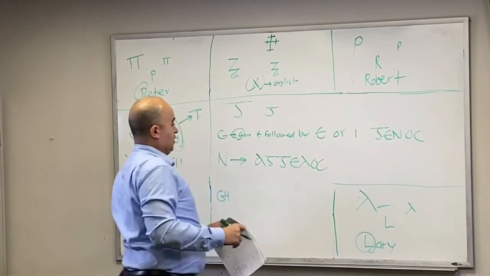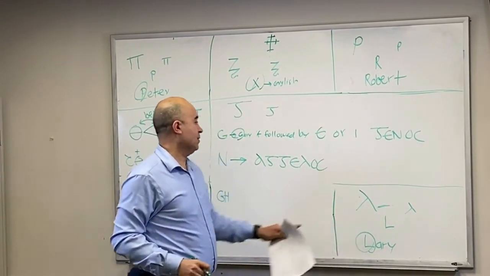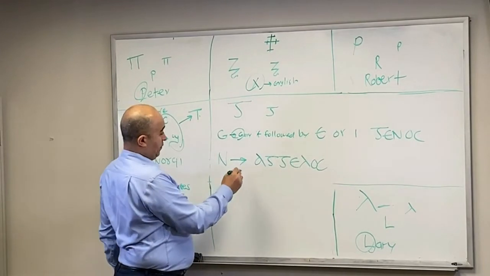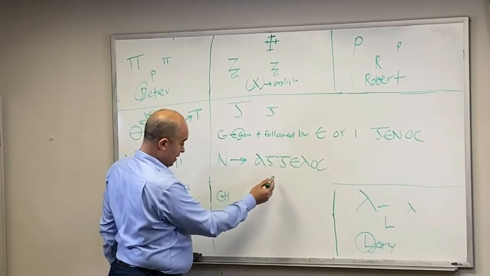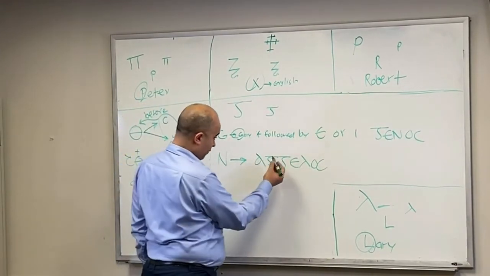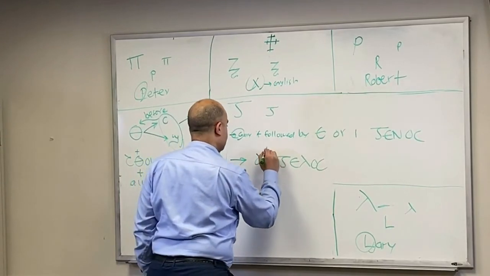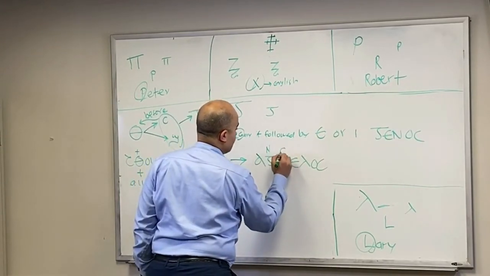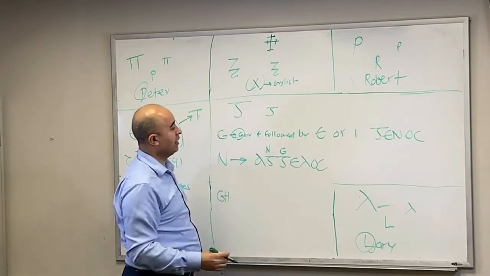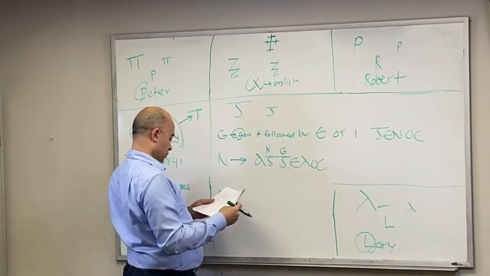So that's the L sound. So if the Ghamma comes with another Ghamma in the same word, the first one becomes an N, the second one stays as G. So this word becomes angelos, angelos.